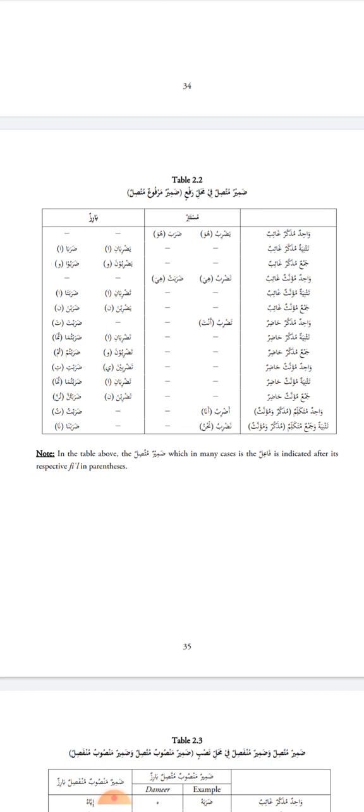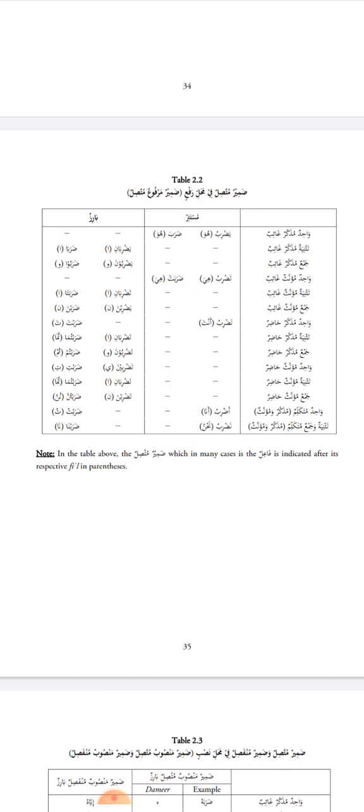A pronoun is a dhamir, a word which comes in place of the noun. Like when you write about a person, in the first line you will mention his name: Zaid is a religious man.